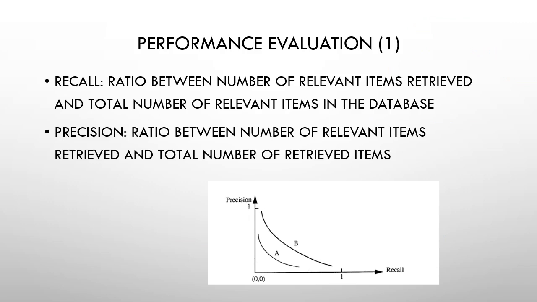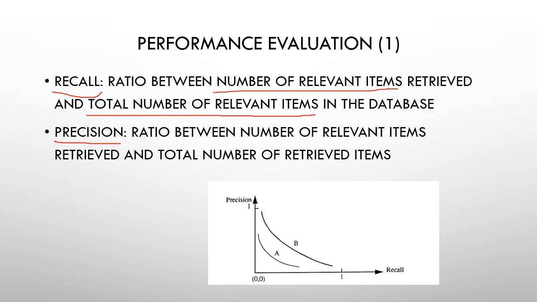Okay, so the last part would be the performance evaluations. We discuss only recall and precision. Recall is the ratio between the number of relevant items retrieved and the total number of relevant items in the database.